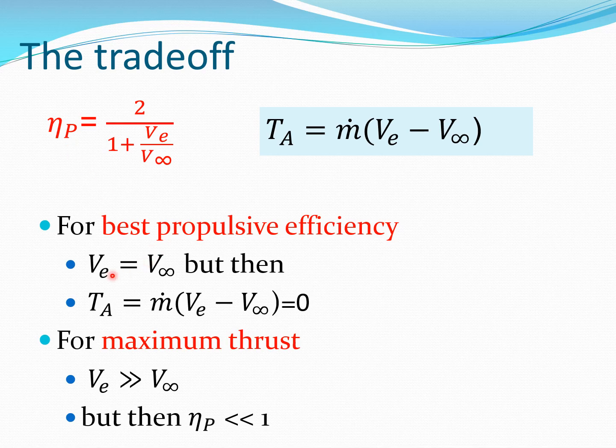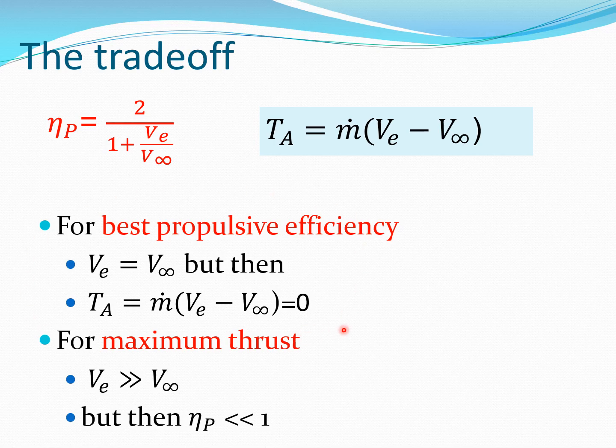But unfortunately, if we plug VE equals V infinity in the thrust equation, the thrust available is simply going to be 0, because thrust available depends on how much velocity increment you gave to the flow coming in. And therefore, this is a completely theoretical case.